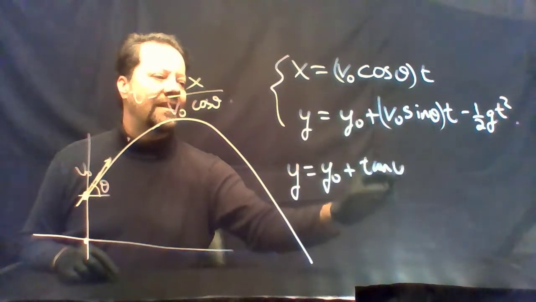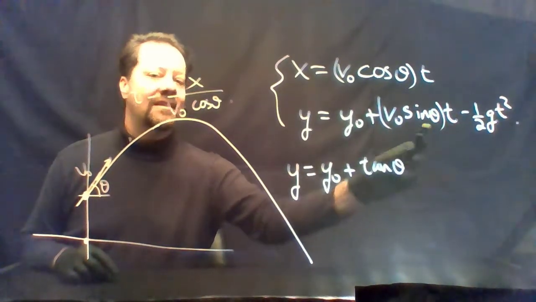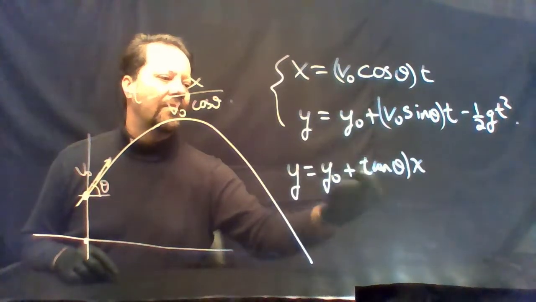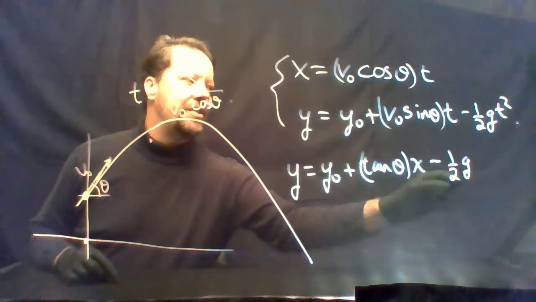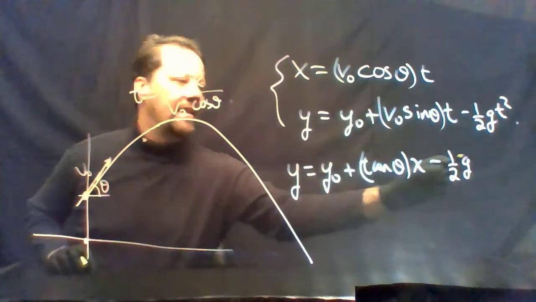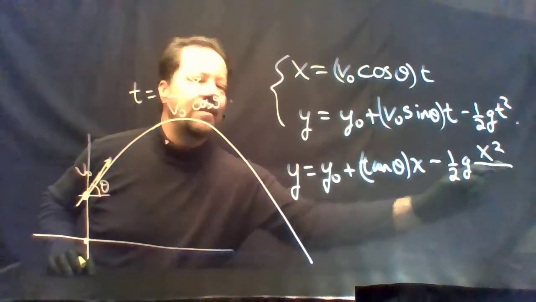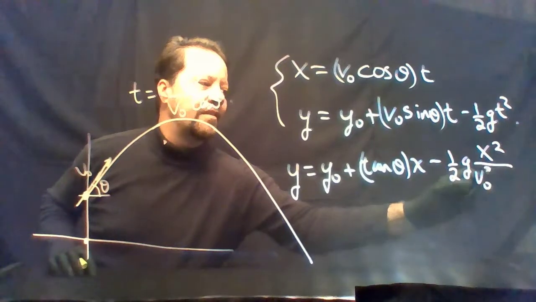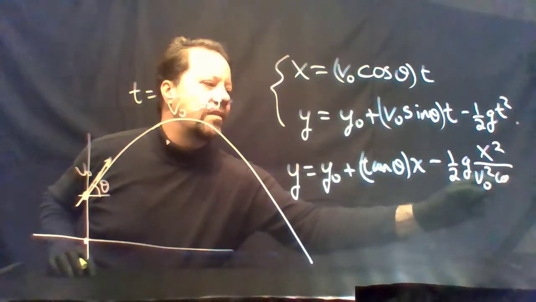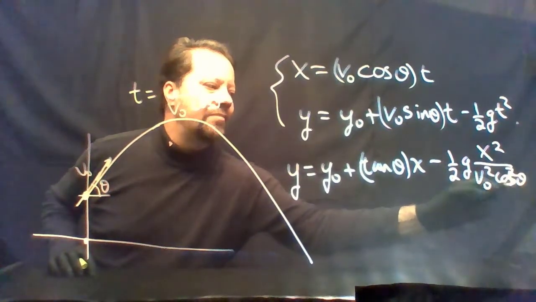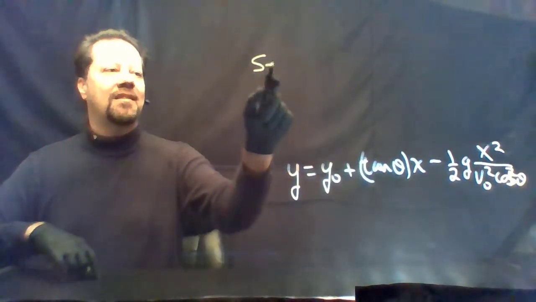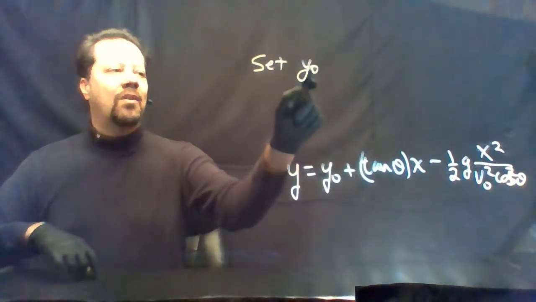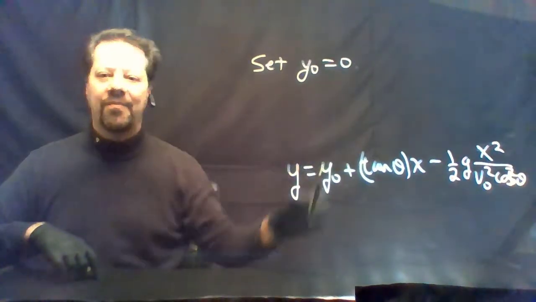We'll have tangent theta times x minus 1/2 g t squared. That's going to be x squared divided by v naught squared cosine squared theta. We'll set y naught equal to 0.